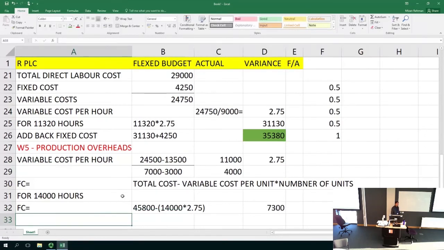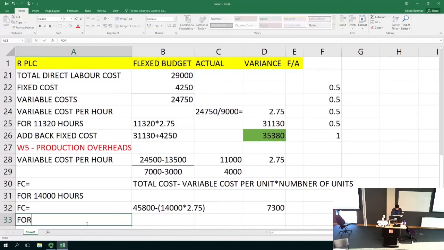The fixed cost is $7,300. The fixed cost at 14K and at 11,320 is exactly the same, 7,300. So we can assume that the fixed cost will be the same at 11,320. So now we know the fixed cost at 11,320. We need to find out variable cost. We can add them together and we can get our answer for the table up there.